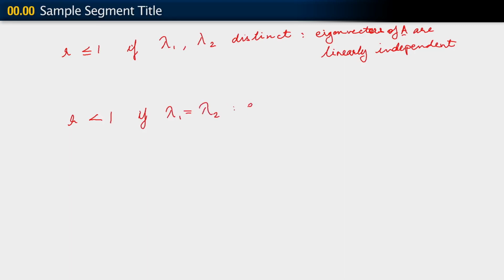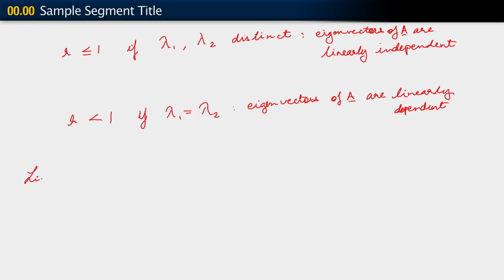And in this case, it turns out that the eigenvectors of A are linearly dependent. Okay? I'm going to do a very quick demonstration of why this is the case. Okay? So, let's look at the two cases.